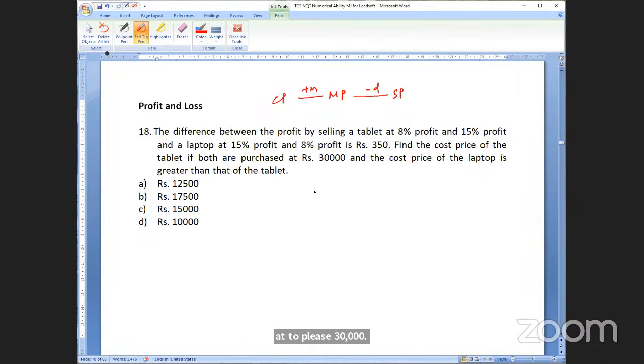That means the combined cost is 30,000 and the cost price of the laptop is greater than that of tablet. The difference is 7% and 7%.